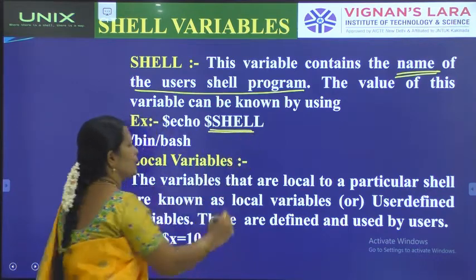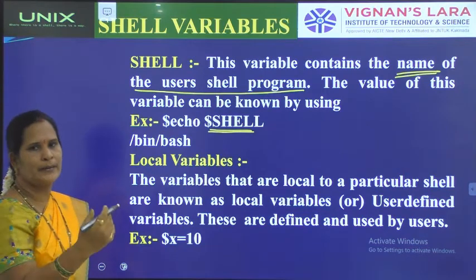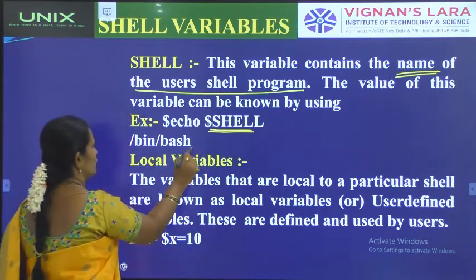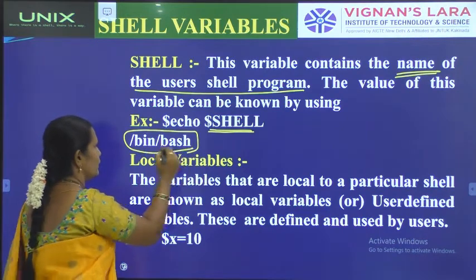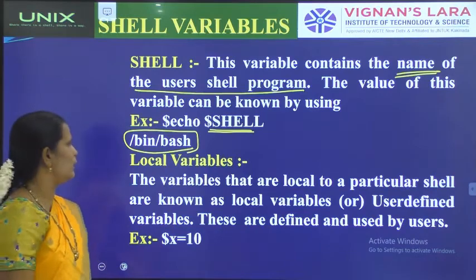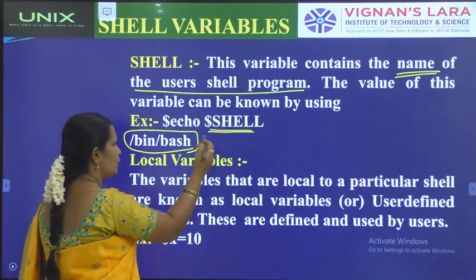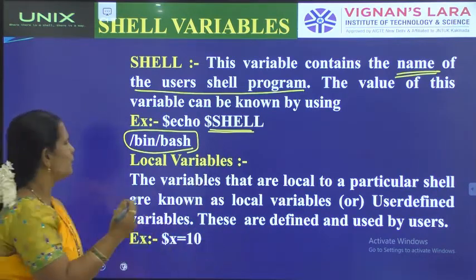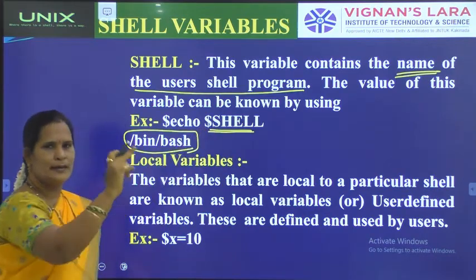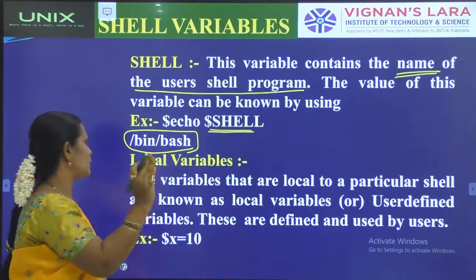All these variables are to be written using uppercase letters only. Here we are using a bash shell, that's why it displays the output /bin/bash. So in order to view the value of a shell, we use the command echo space $SHELL. SHELL must be written using uppercase letters only.